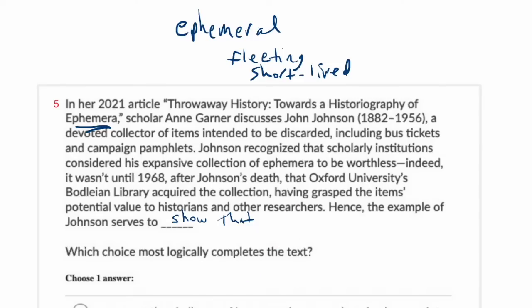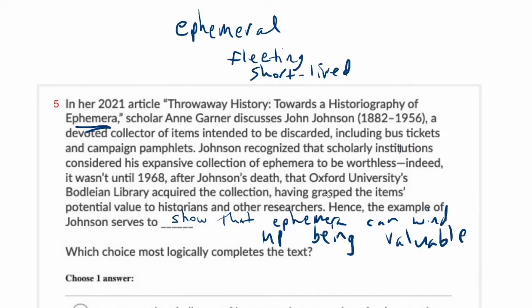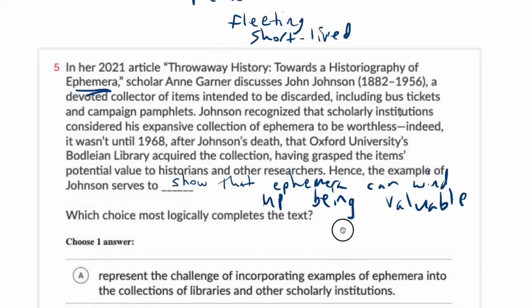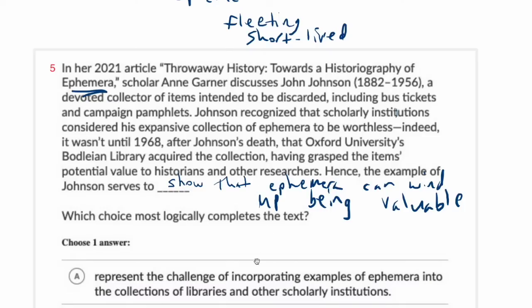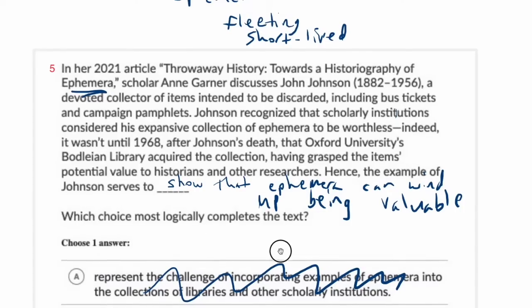To basically show that it's not always easy to predict what people will value later on, or even just to show that ephemera can wind up being valuable, if not necessarily from a monetary perspective, valuable to researchers. Something like that. And we'll see how close that gets us to the correct answer. So this example serves to represent the challenge of incorporating. No, it doesn't represent the challenge. It's really more about whether those institutions find it of value.